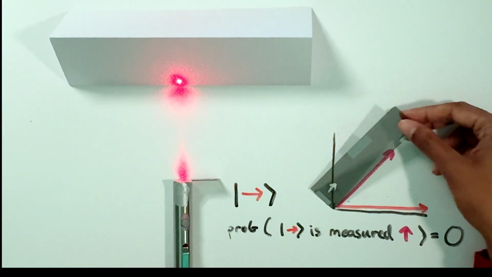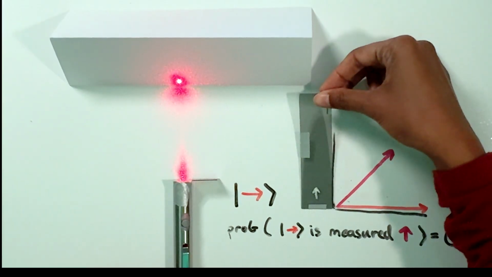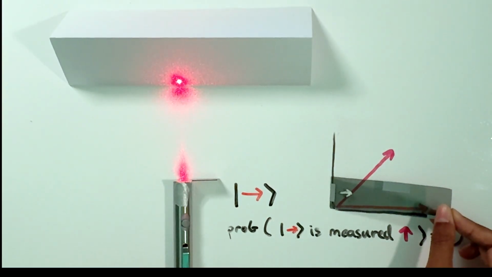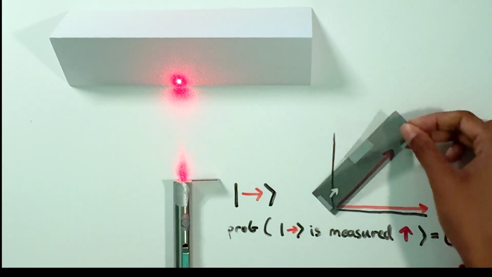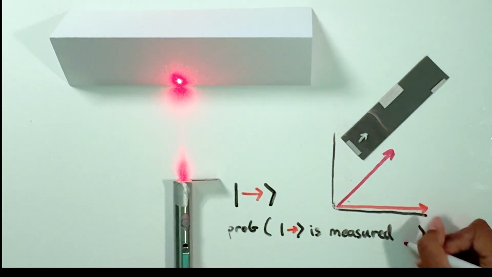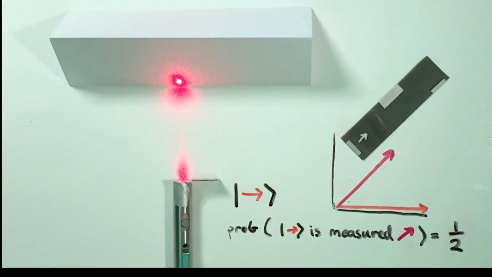It's not a complete right angle, of course. It's kind of halfway, because if it was like this, it would be a right angle. But if it was like this, they'd be perfectly aligned with each other. And so this is kind of halfway. So as you can guess, the probability that this is measured at 45 degrees is half.